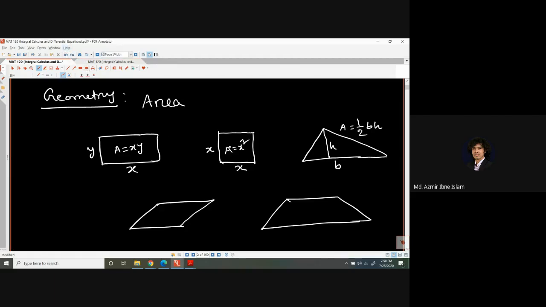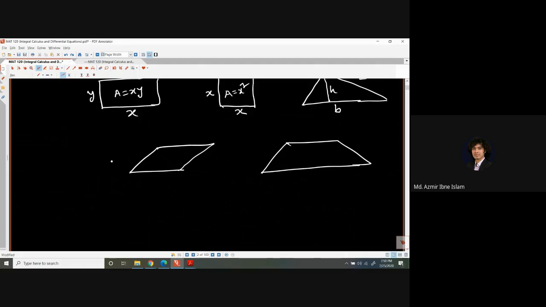Similarly, for other polygons like a parallelogram, if this is b and this is a, we know that the area is b times a. For this trapezium, suppose this is the height a and this is the length of the big side, that is b1, and this is the length of the small side, that is b2.